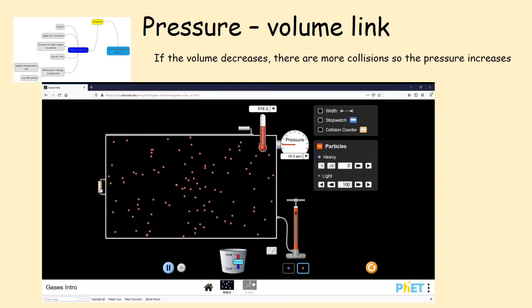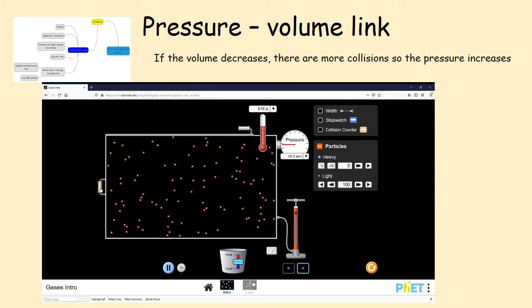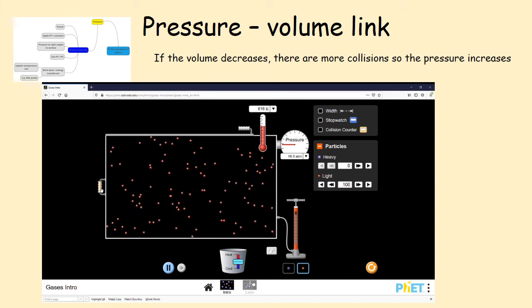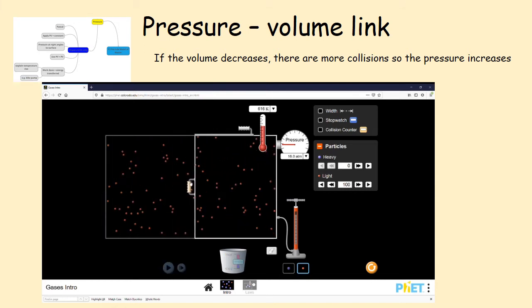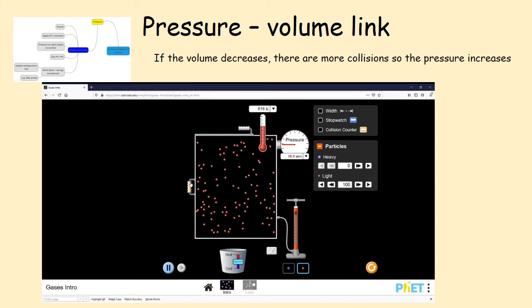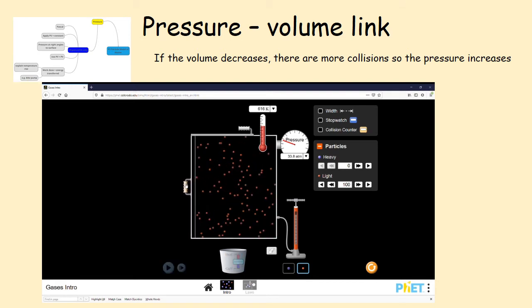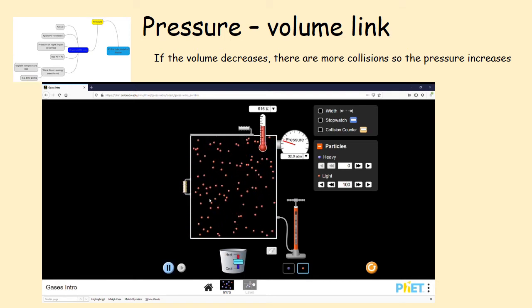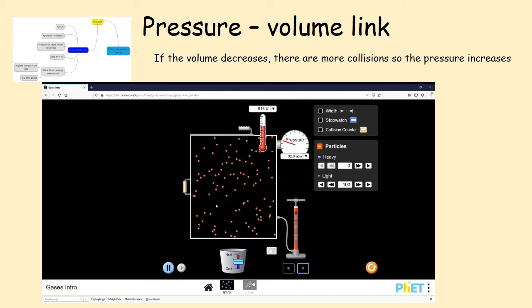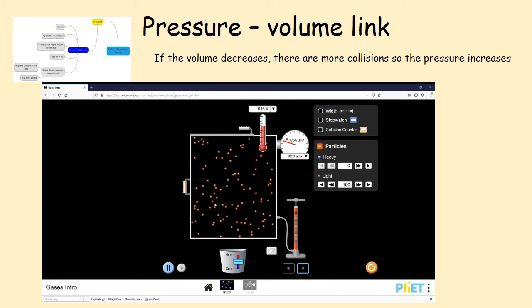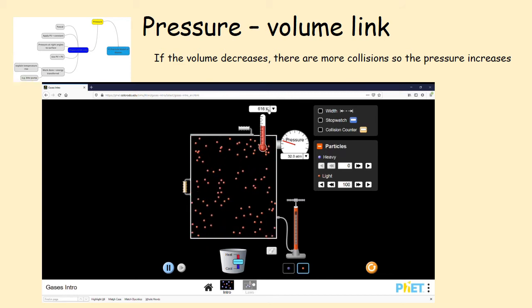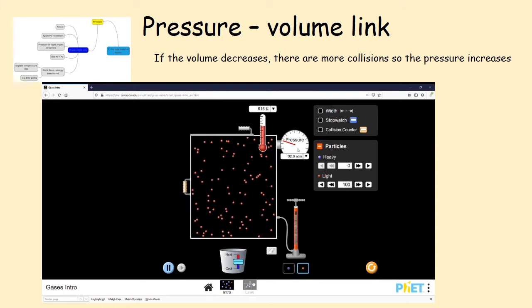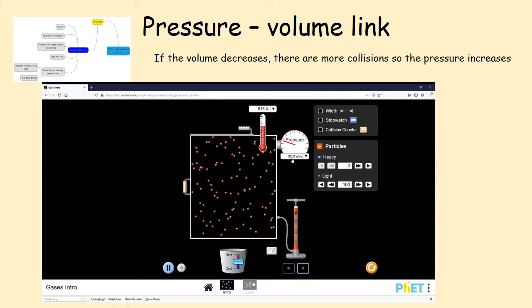Now if I decrease the volume of the container here to about half of the original, so that's about there, you'll see that the effect is that the temperature hasn't changed, but the pressure has doubled.